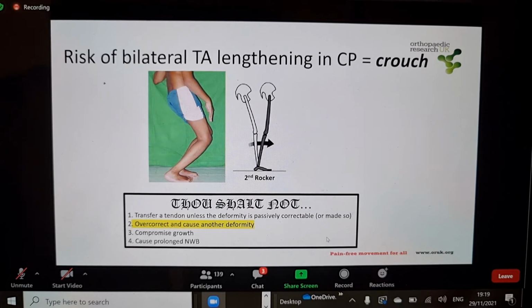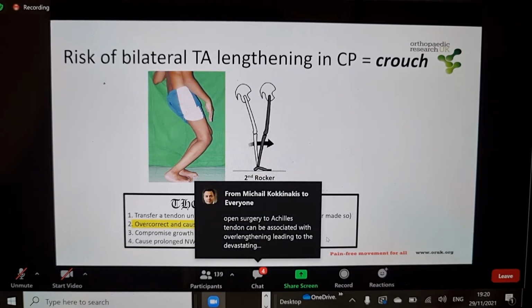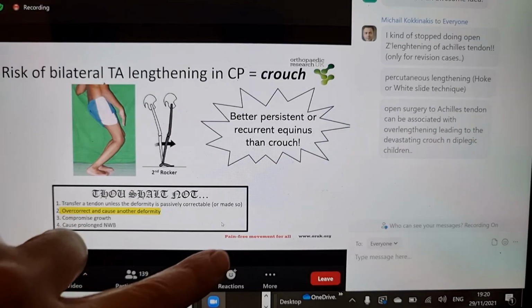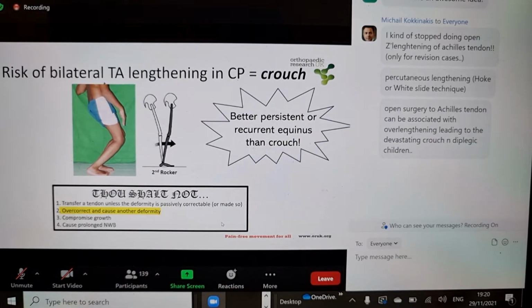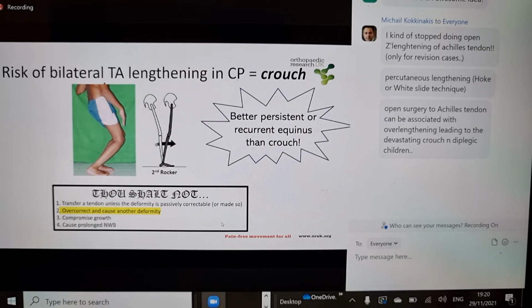If we have weakened that mechanism by lengthening the Achilles tendon, then crouch is what we get. And crouch is something, as a general rule, we really want to avoid. It can be part of the natural history of cerebral palsy, but unfortunately, it can also be iatrogenic, hopefully less common than it used to be, but it's difficult to treat, so we try and avoid it. And as a general rule, we would much rather live with a bit of persistent or recurrent equinus than deal with a patient in crouch.